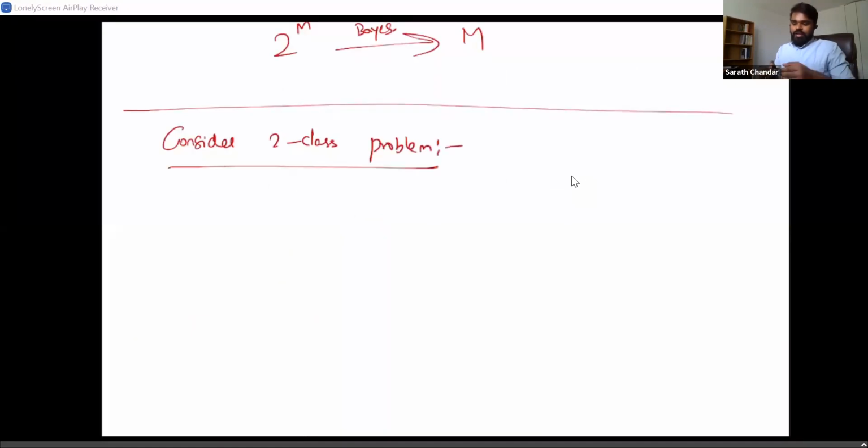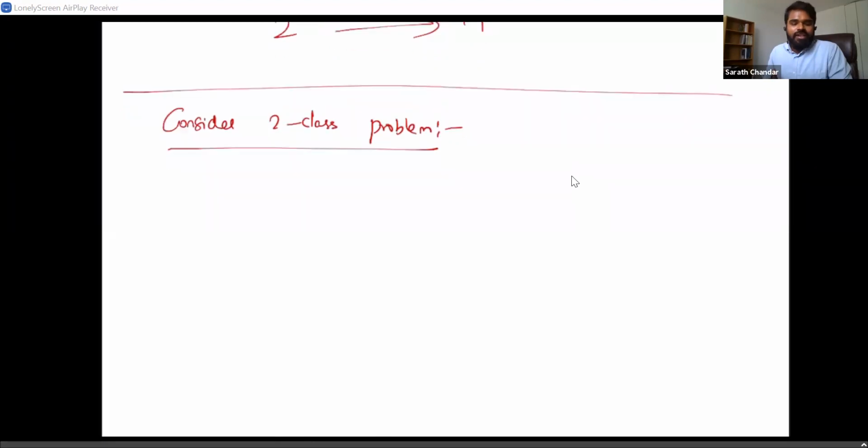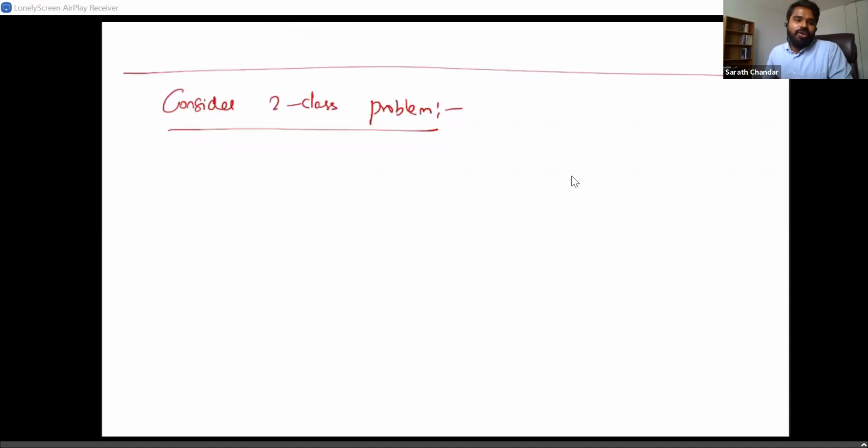Okay, maybe a quick note before I continue. Everyone has a different motivation for taking this course. For some of you, this might be the first course in machine learning, and you want to have a career in machine learning, go to grad school in machine learning, or become a researcher in machine learning.